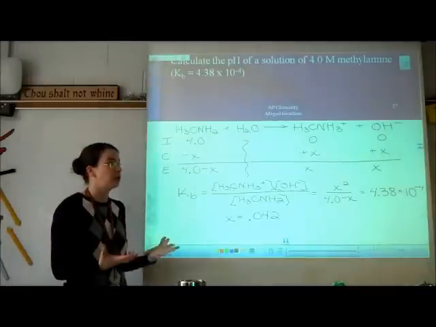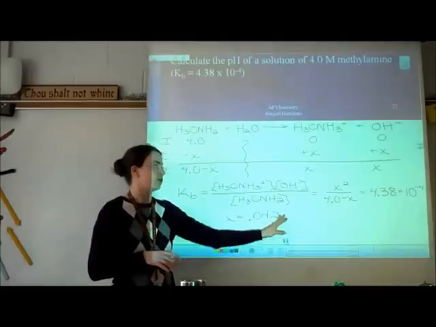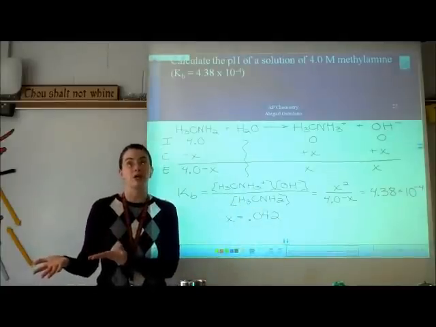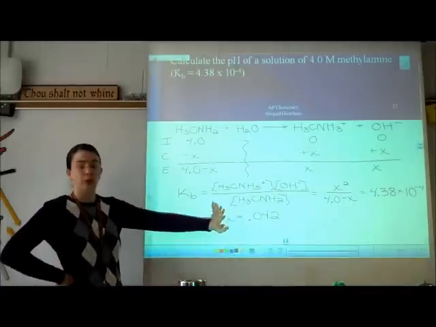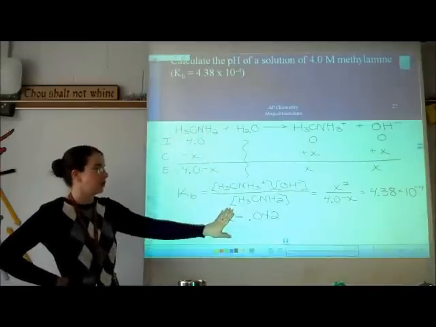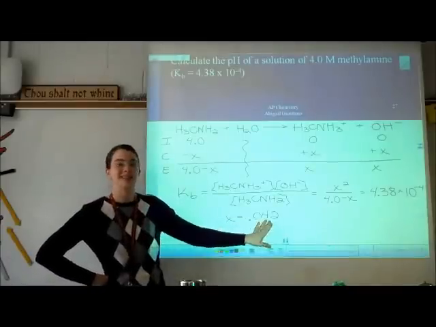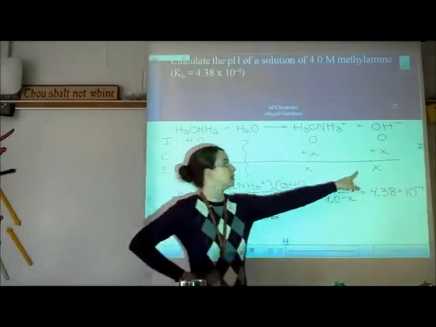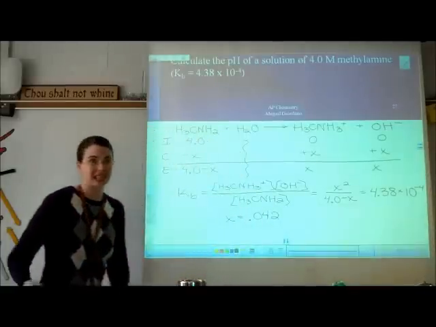Look back, all we did was say negative log of whatever we got for X, and that was the pH. You can't do that here. Because, and you don't have to memorize this, if you've written out your ice table, the answer is there for you. What is X? It's not H+. It's OH-.